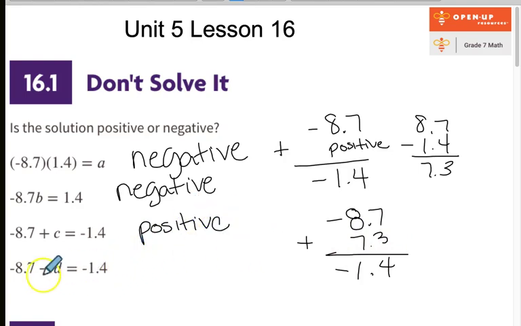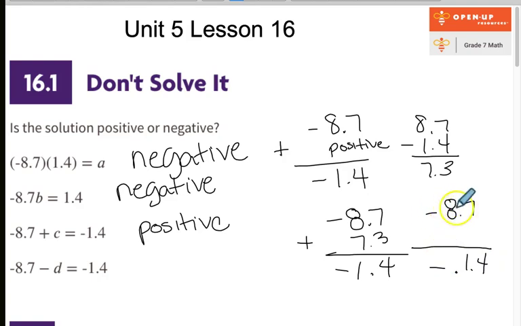And the last one, negative 8.7 minus something equals negative 1.4. So again, I have negative 8.7. Subtracting means add the opposite. I know I have to end up with a negative 1.4.